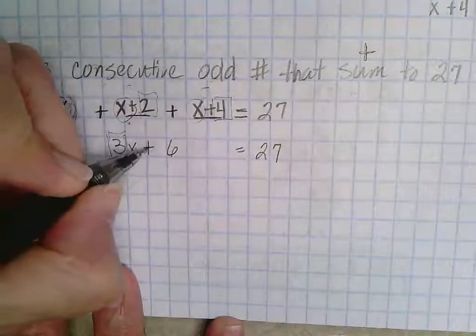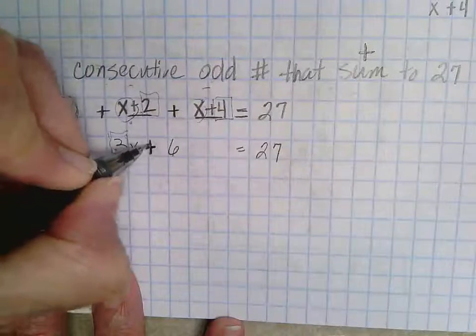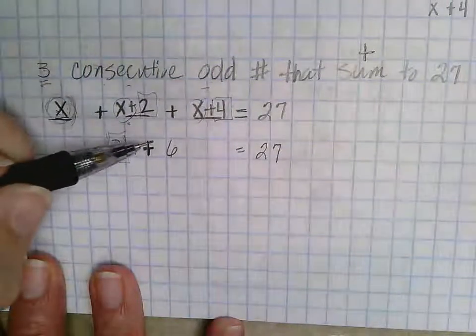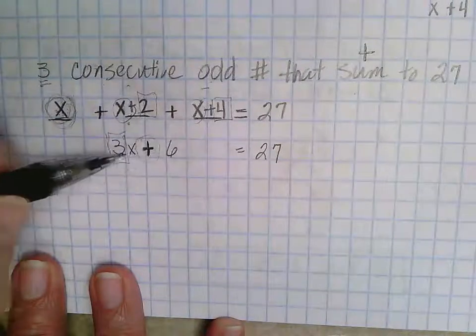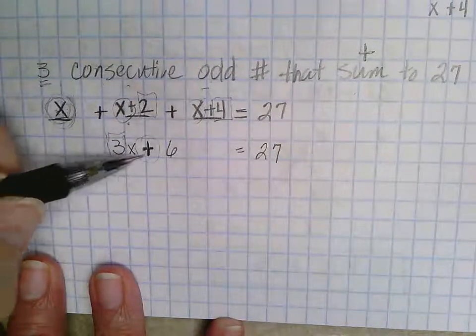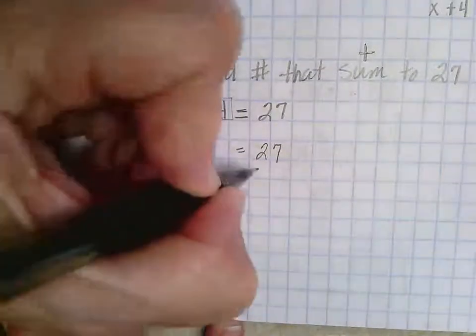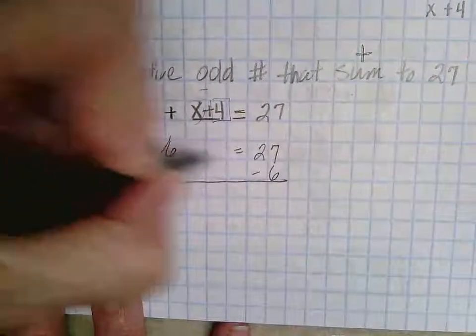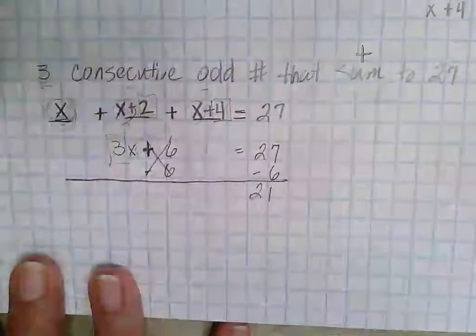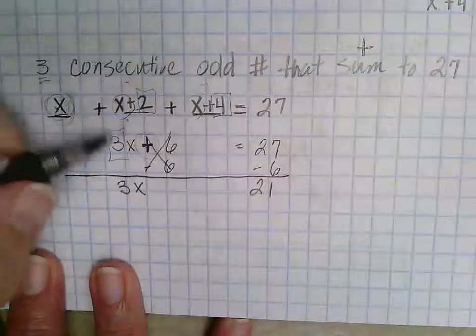So, starting at the end of the order of operations, I'm going backwards in the order of operations. I'm going to start with whatever addition or subtraction I have in my equation. And I have addition, so I'm going to be subtracting 6 from each side, which means that I'm going to end up with 21 on this side and 3x on this side.